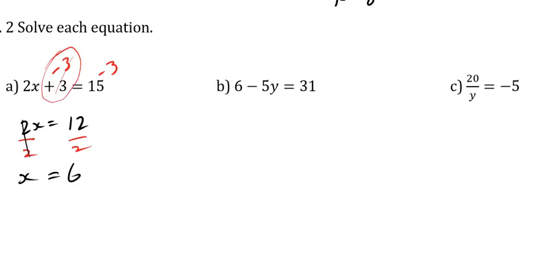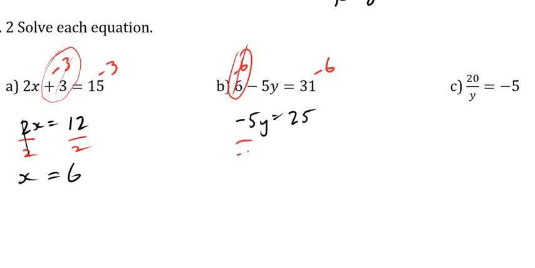If I want to ignore the rest of it, I'm just looking at the 6. I need to subtract 6 so that that's gone, at 0, it goes away. Does that make sense? So that's gone. I'm left with negative 5y. Whoops, I forgot to do it on the other side. Show it on both sides, right? 31 minus 6, 25.